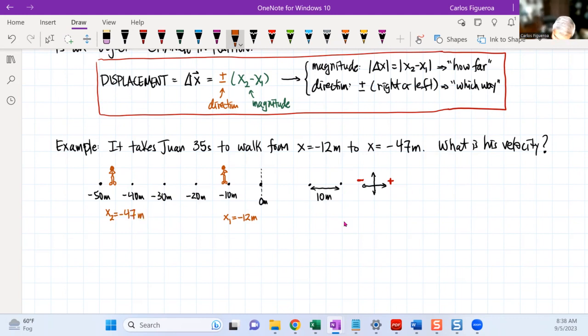So I can clearly see that his displacement is in this direction. He's changing position in the negative direction. So here we go. Now what I want to do here is calculate his magnitude of displacement.